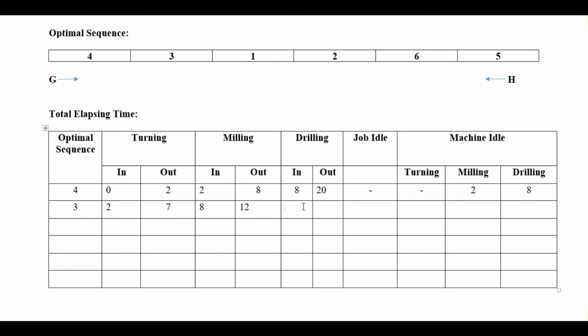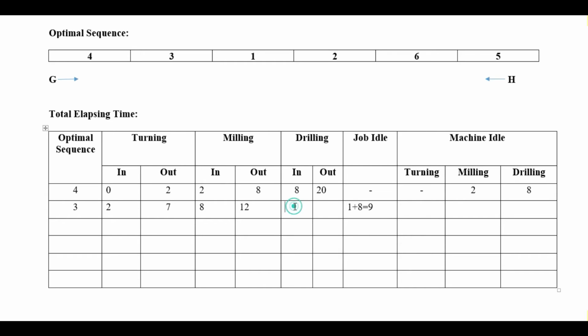Look here, the drilling operation for the fourth job is up to 20 minutes. The third job is ready for drilling, but the drilling operation is going on for the fourth job. So the job has to wait again. So the job idle time is 1 plus 8, equal to 9 minutes.